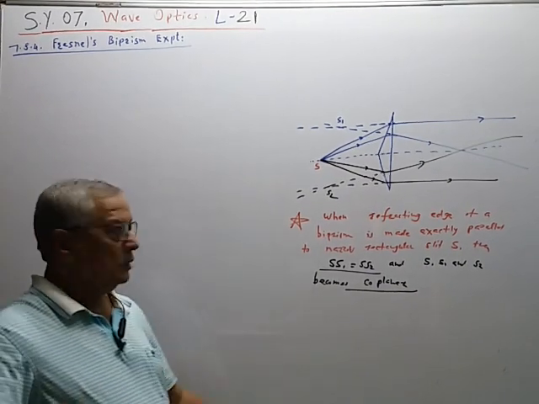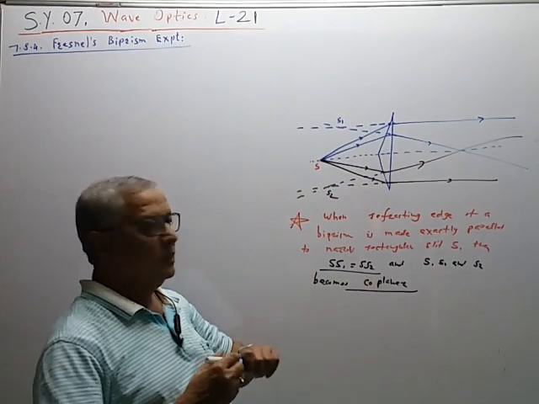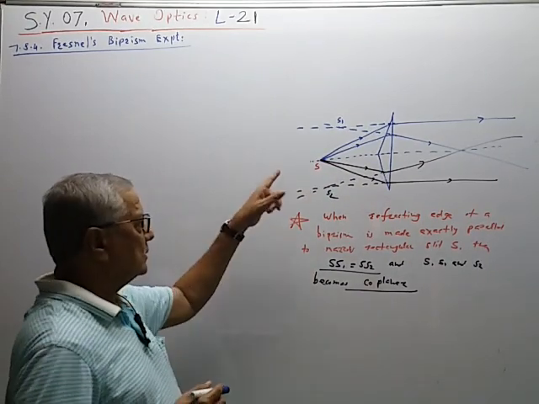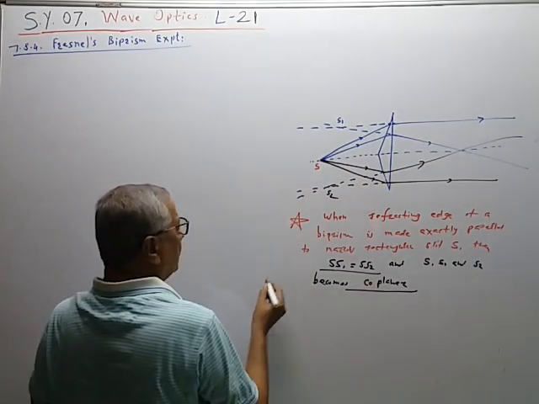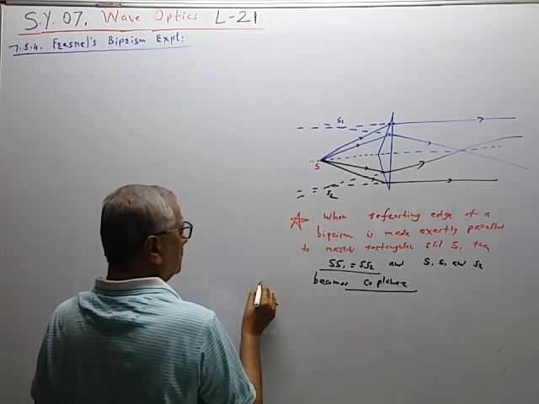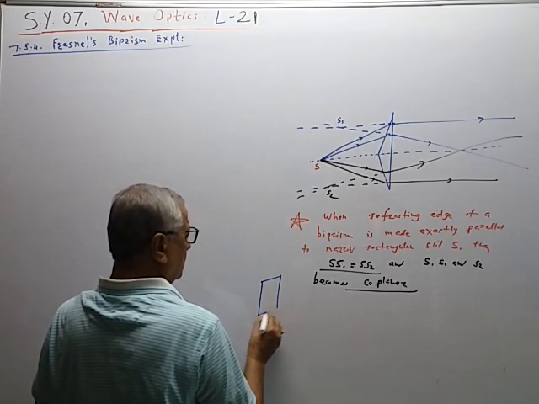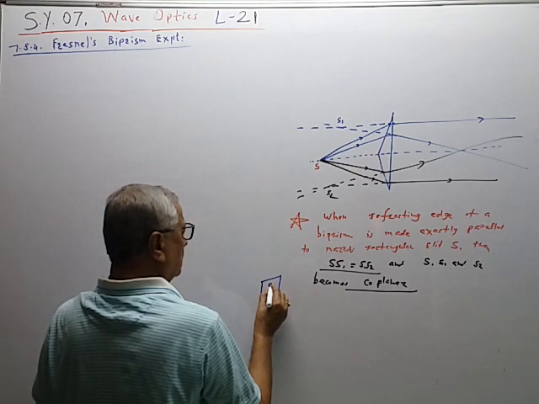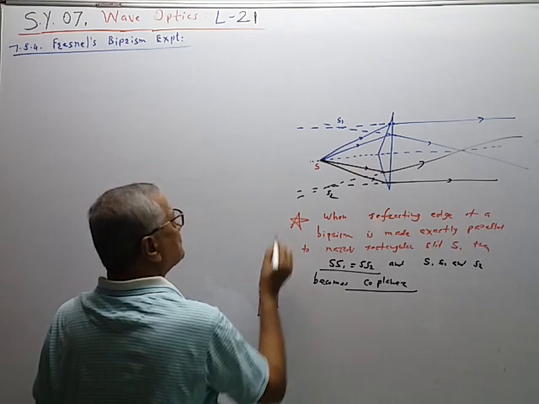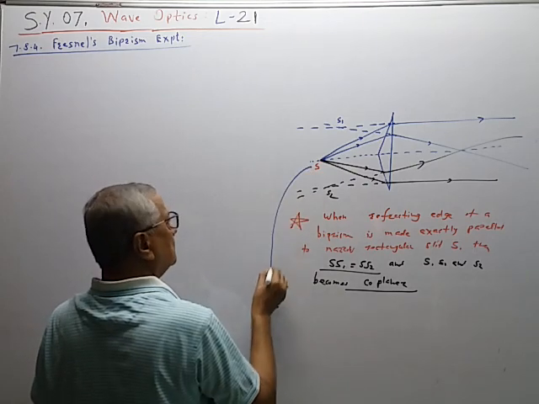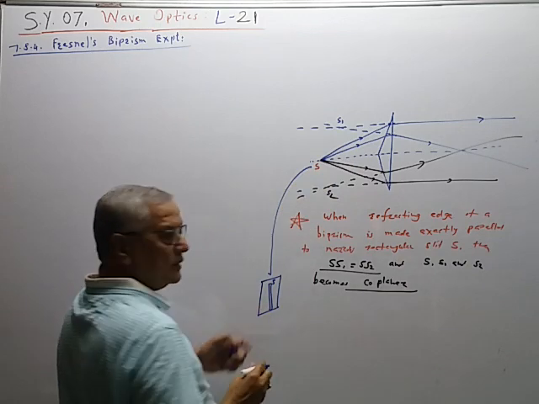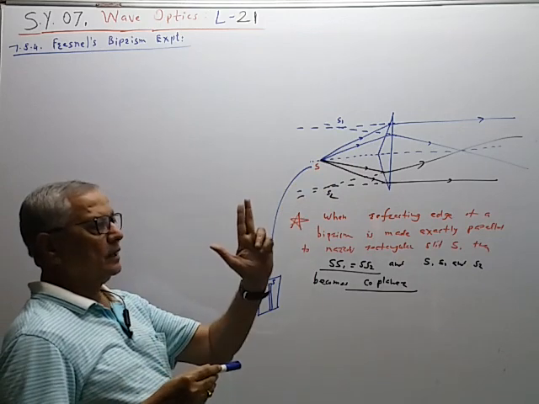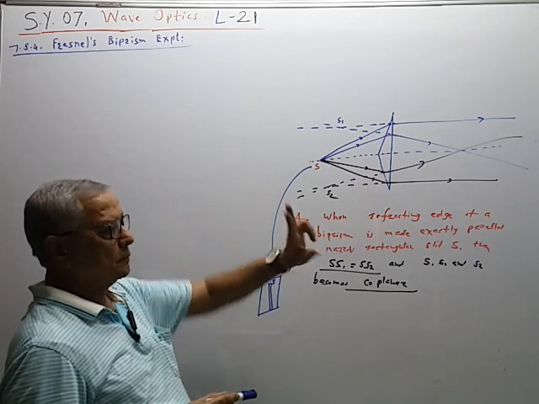Now, in this case, the arrangement is like this. This is a narrow rectangular slit like this, slit S. This is the biprism. So this slit is kept not like this, but like this.